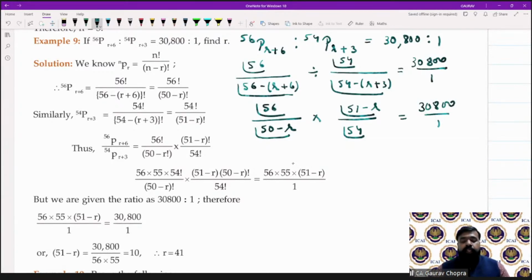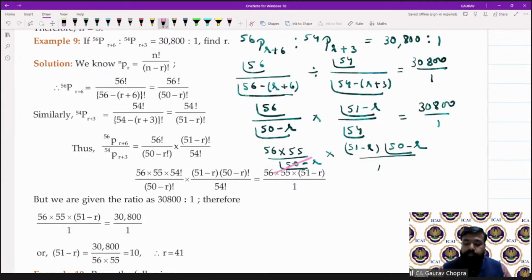Now we can open and then cancel. So 56 can be written as 56 into 55 into factorial 54. So factorial 54 will be cancelled. Divided by factorial 50 minus r, which is the smaller one. And in the numerator, we can open 51 minus r. So 51 minus r into factorial 50 minus r. Upon that, 50 minus r factorial we can cancel, and then equal to 30,800 is given.